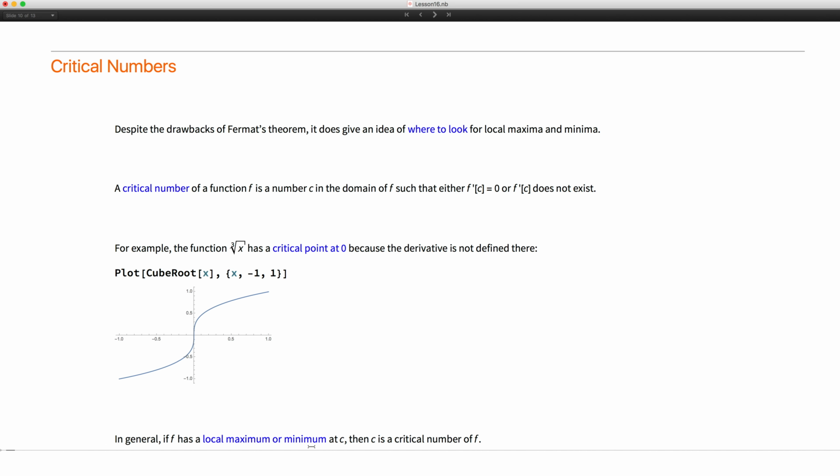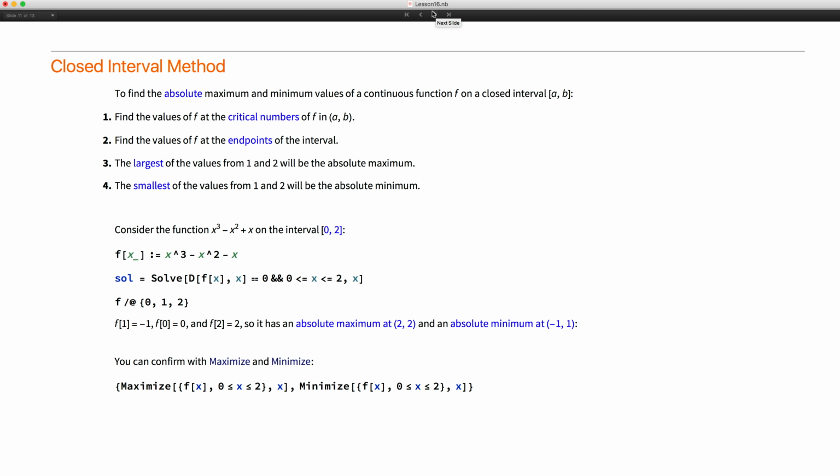So with all that information, we are now ready to put together a method for finding absolute maxima and minima. So that's what is called the closed interval method.